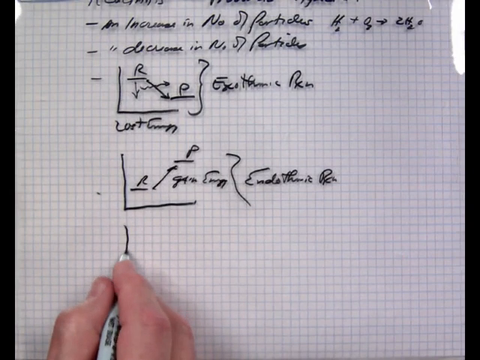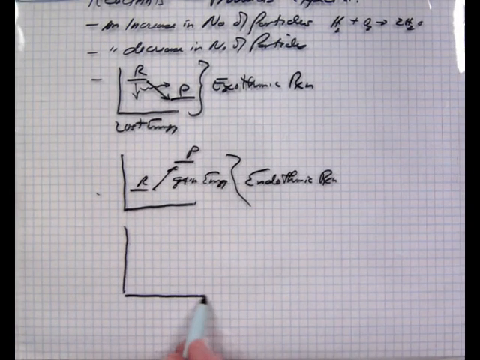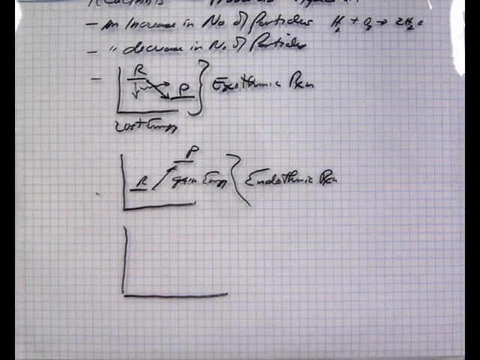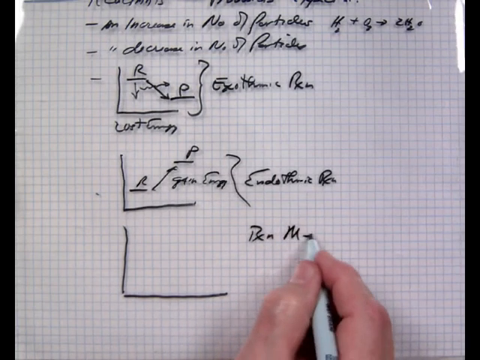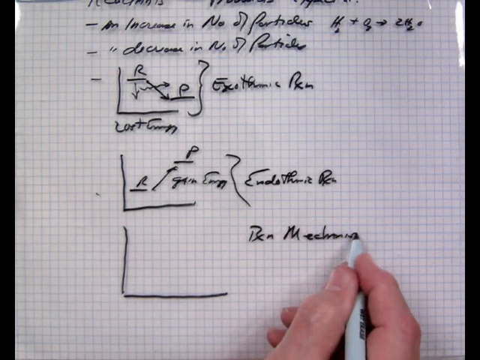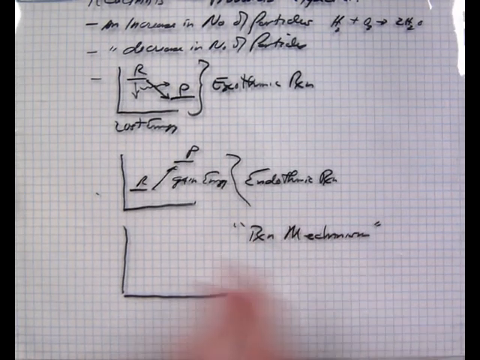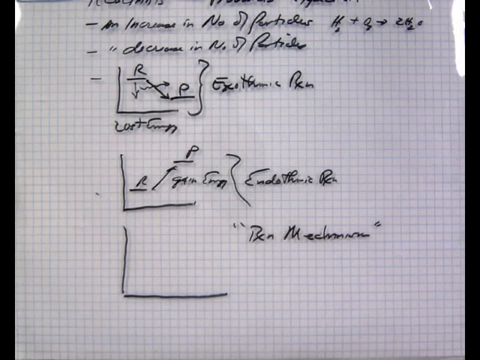Some reaction processes consist of multiple steps, referred to as a reaction mechanism. If you're not familiar with the terminology, a reaction mechanism means that you go through several steps in making a compound.